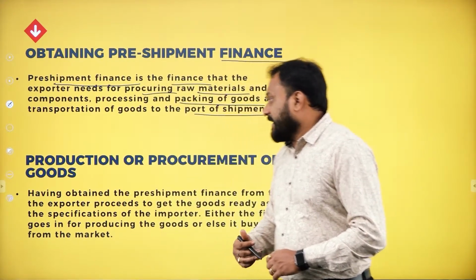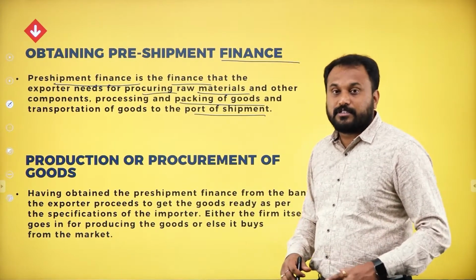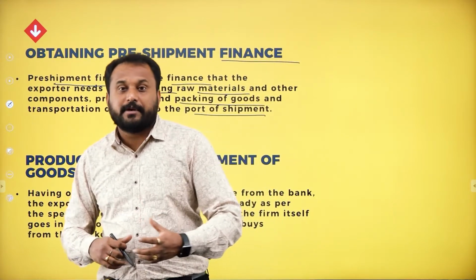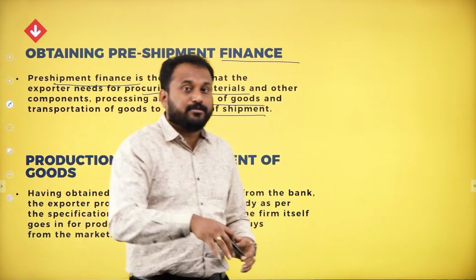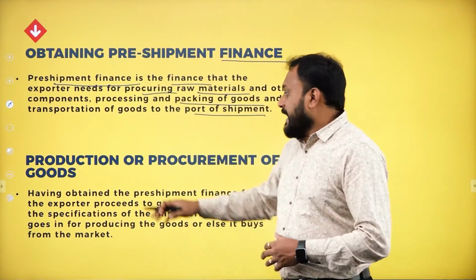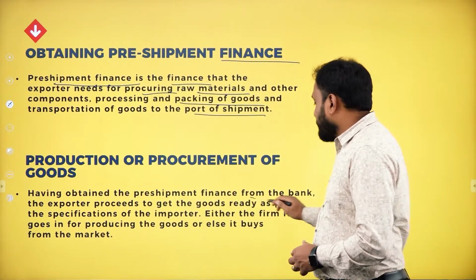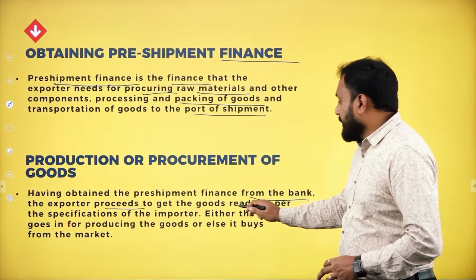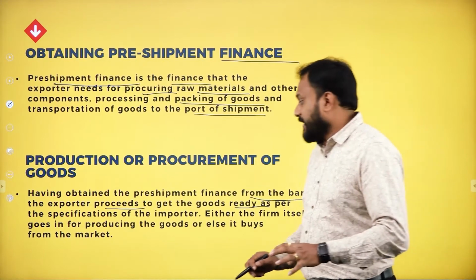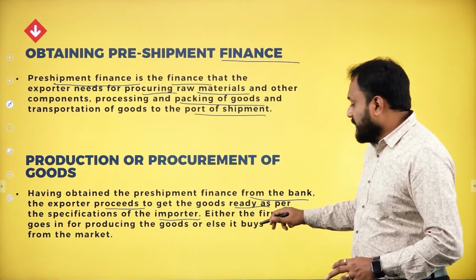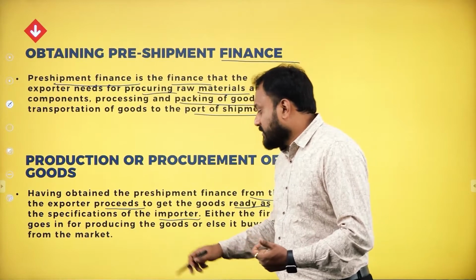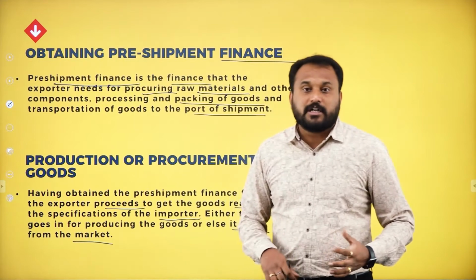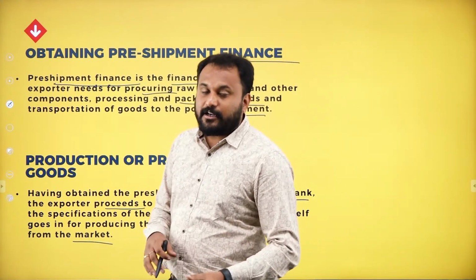Now, having obtained that, next is production or procurement of goods. You can actually produce it or you can go with procurement. Procurement means buying from somebody who has already produced. That is called procurement. Having obtained the pre-shipment finance from the bank, the exporter proceeds to get the goods ready as per the specification of the importer. Either the firm itself goes into producing the goods or else it buys from the market. It depends on the exporter whether he'll make it or buy it.